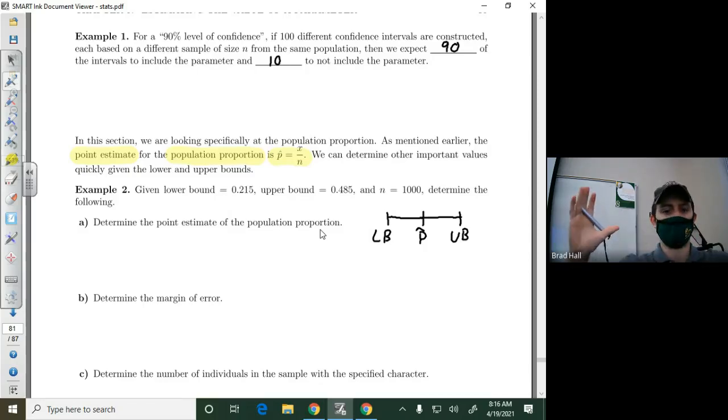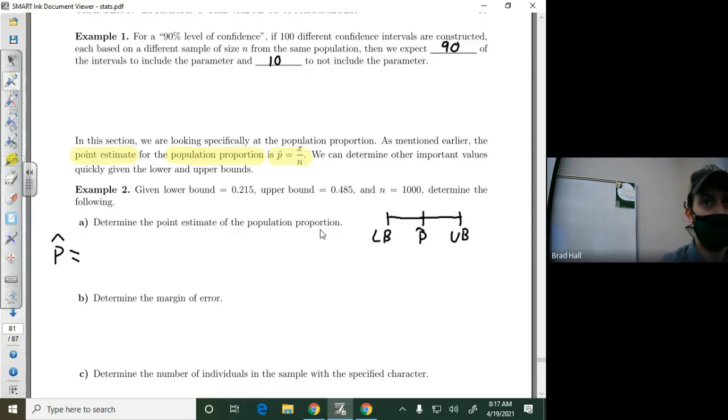And it's equidistant, as in the same distance either way. This is just true in general. This isn't a population proportion thing. If you have an error, you add it to the point estimate and you subtract it from the point estimate. In other words, you can figure out the point estimate if you're given the lower and upper bounds by finding the average of the two bounds.